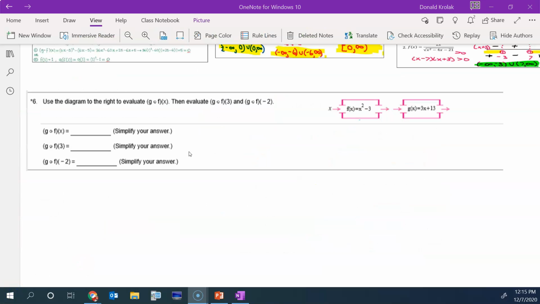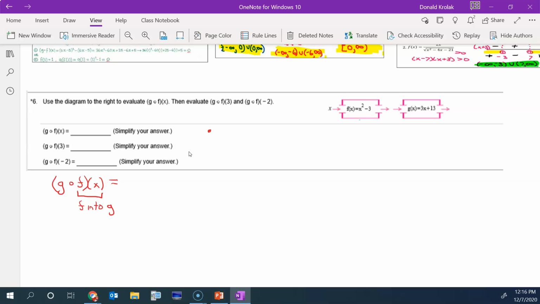Okay, for number 6, there are 3 questions. The first one, g of f. That tells us that we're going to put f into g, whatever the second function is.